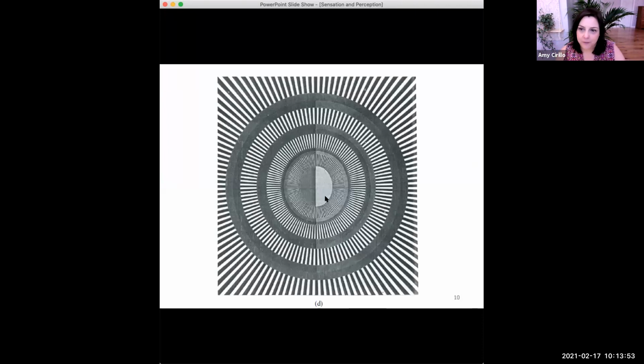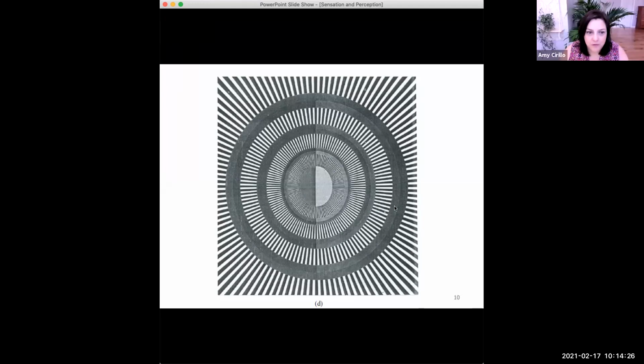Here's another example. Stare at this center circle and try to look directly at where the dark semicircle meets the light semicircle. And just stare at that for a little while. Now, what optical illusion occurs? Everything is moving.